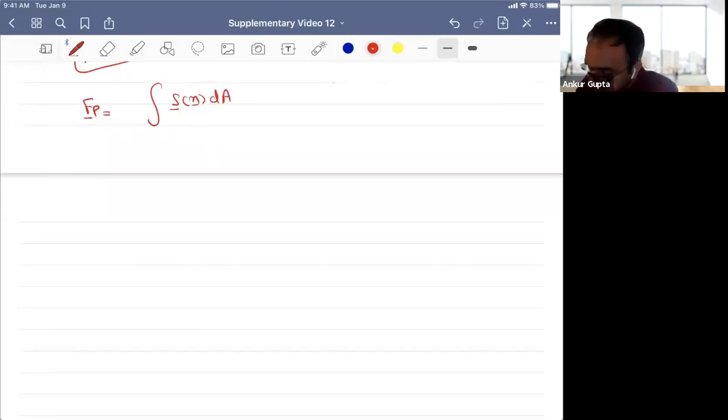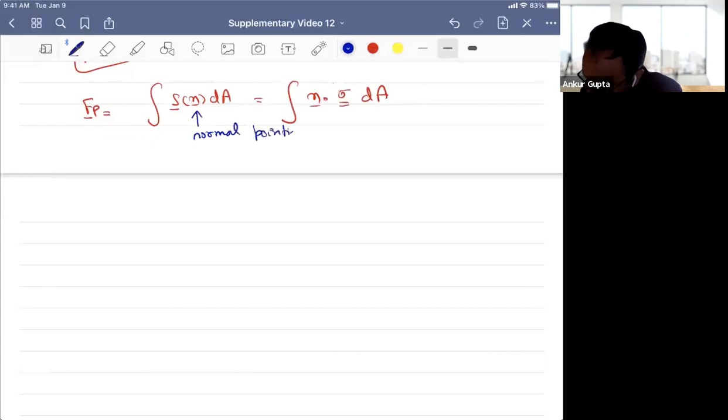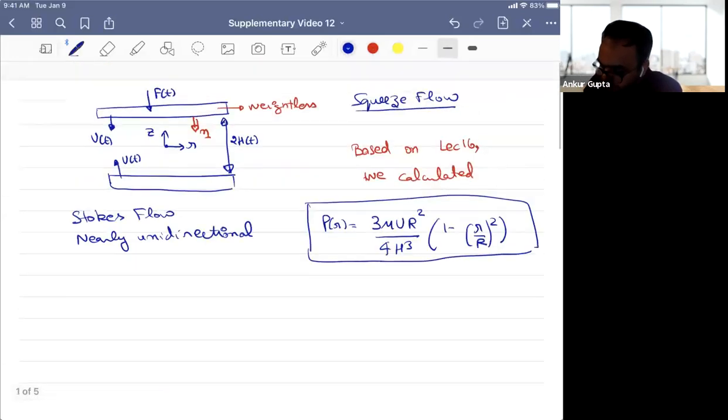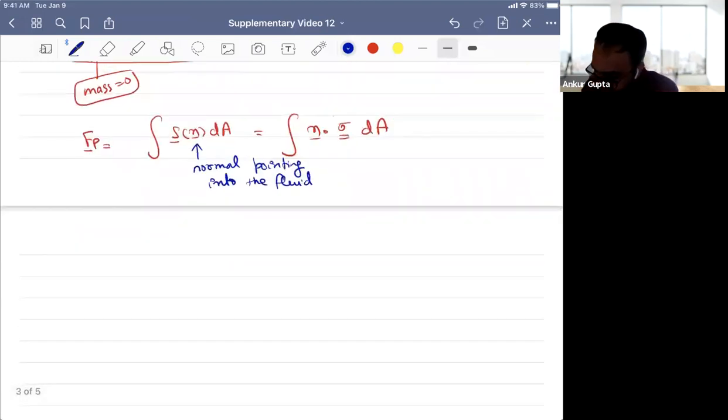The stress vector is nothing but n dot sigma dA, and this is something we know from the previous lecture, where n is the normal pointing into the fluid. The normal pointing into the fluid at the top plate is in the minus EZ direction. So n is minus EZ.